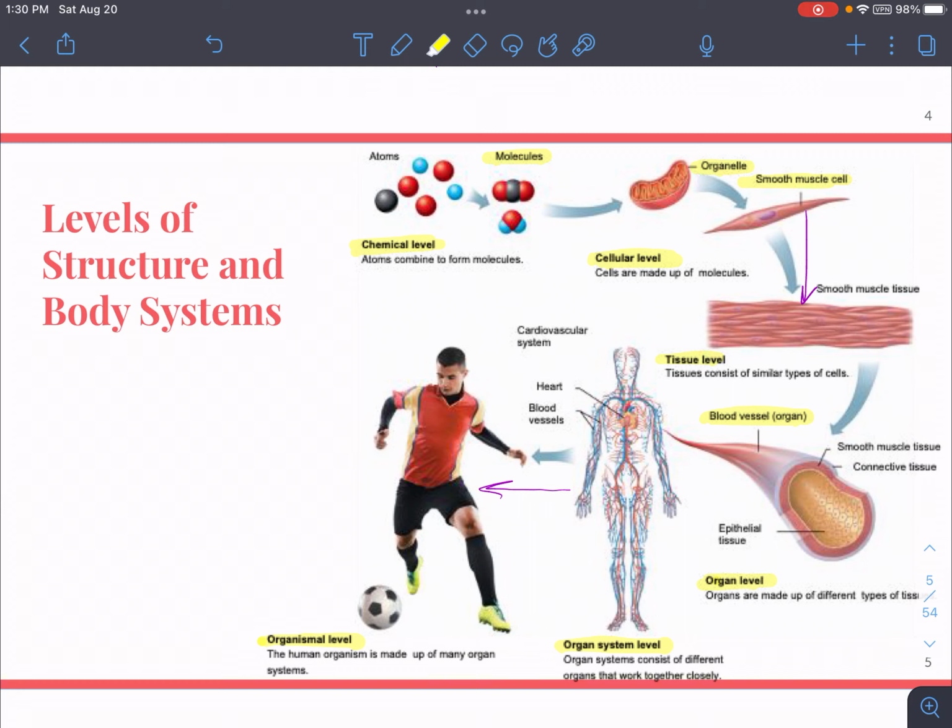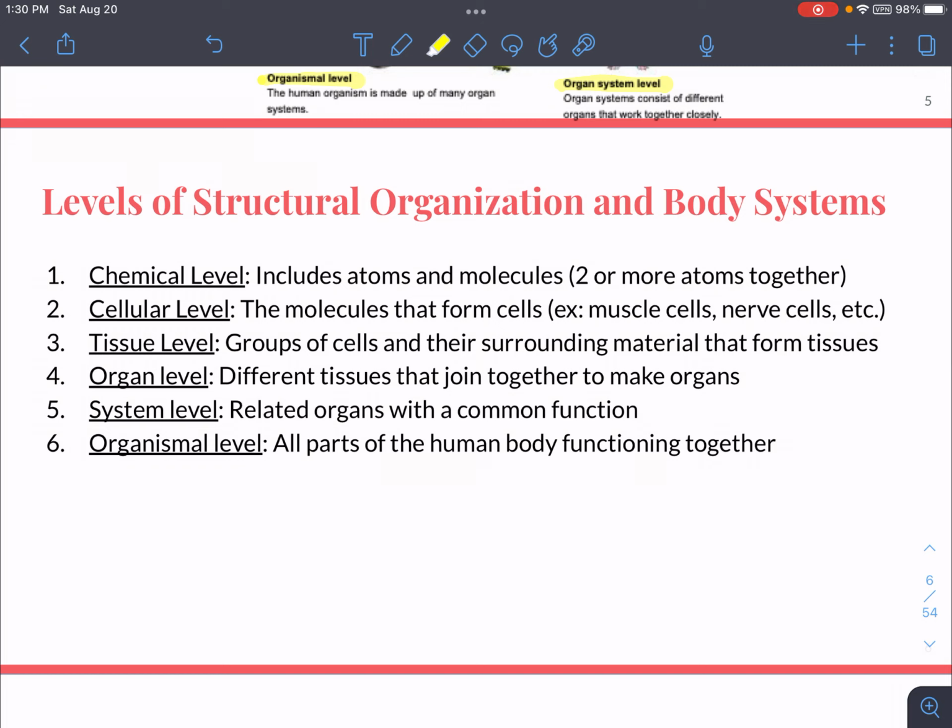So as we just talked about with that picture, we have the chemical level, which is the atoms and molecules. Two or more atoms together will make up a molecule. We have the cellular level, which is the molecules that form cells. We have muscle cells, nerve cells, your skin.